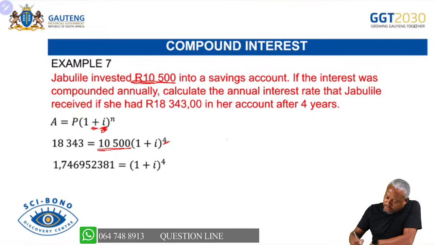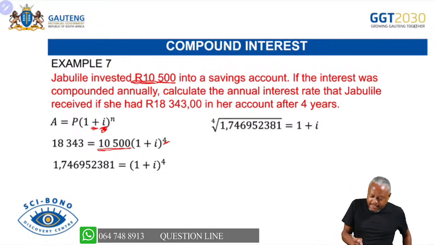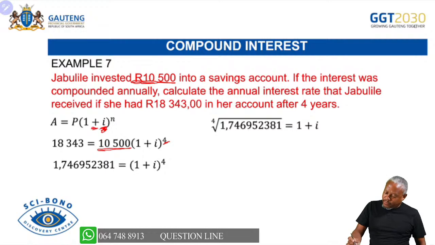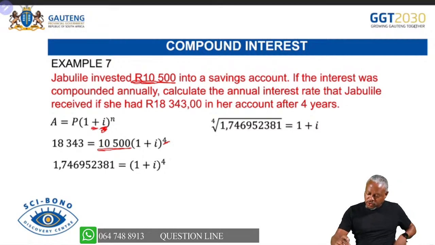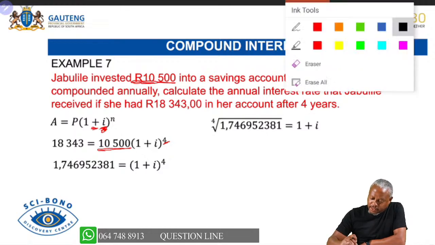Okay, let us go on. And then you've got this one. And then the next one. That's it. So I've explained how we get this one. Remember, we are looking for I. So all we need to do now is to get the problem and go on.